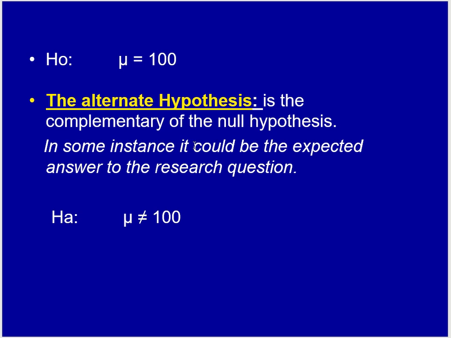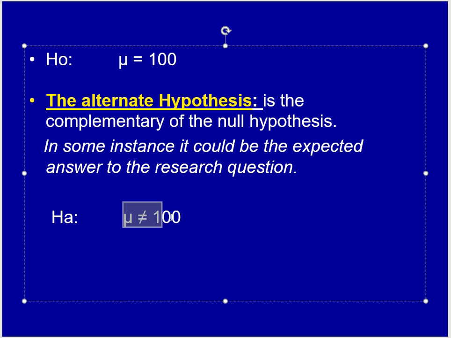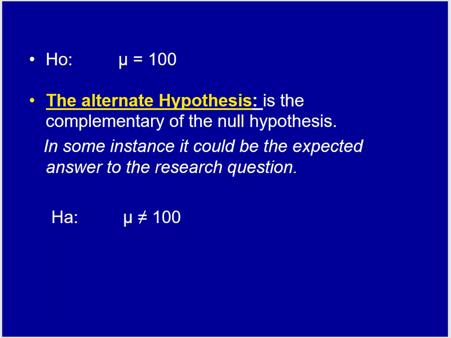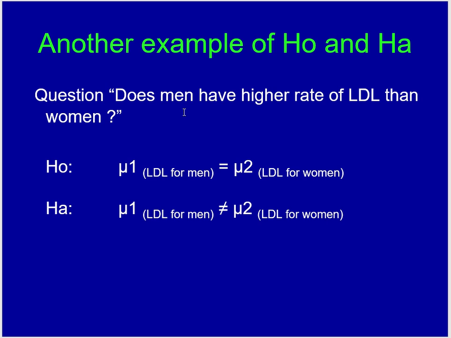The alternative hypothesis, as you remember, has to be everything else, and therefore the alternative hypothesis is mu not equal to 100. Okay. Oh, actually, this is just another example: the null hypothesis if you're comparing men to women. Don't worry about it. We'll come back to that when we start talking about two groups.